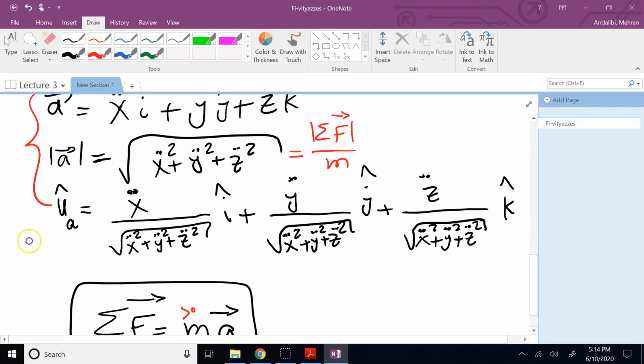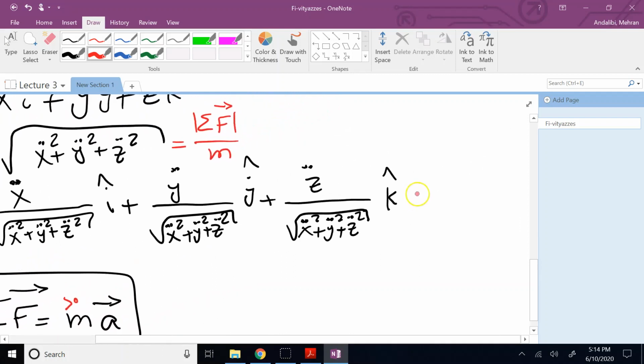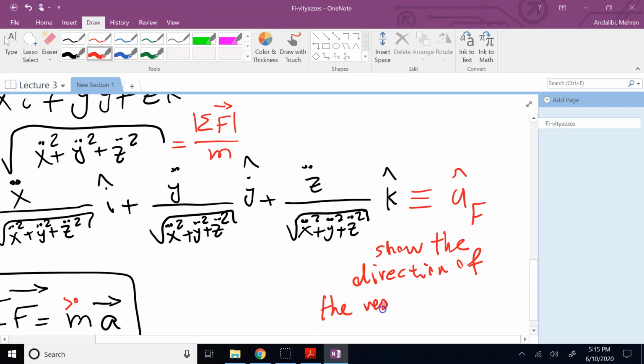And direction of a shows what? The direction of F. Okay, so this is the same as the unit vector for F. So it shows in which direction the resultant force is. Let me write it for you: the direction of the resultant force.